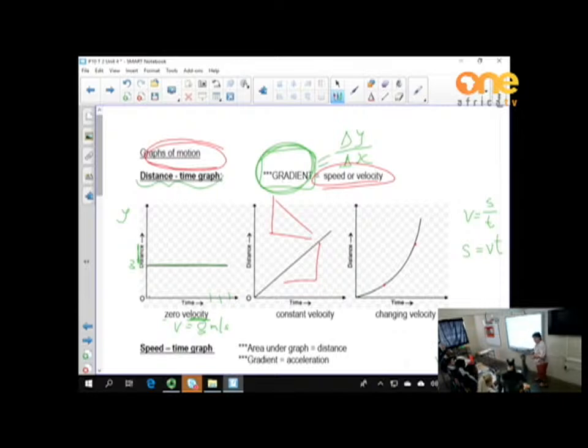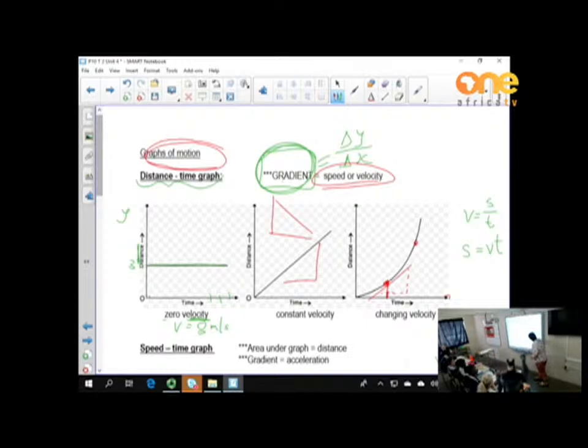We simply draw a line with a ruler at a tangent to that point. Now it's difficult for me on the board because my lines are too thick. But if I want to work out that one, then I draw a straight line that connects up with that spot. There. And then I work out the gradient of that line. And that would give me the instantaneous velocity for that split second in time.